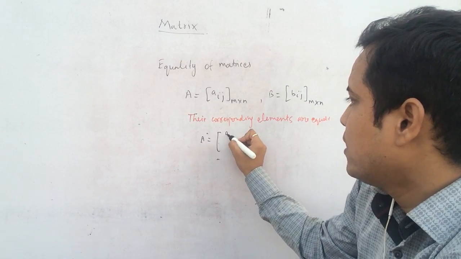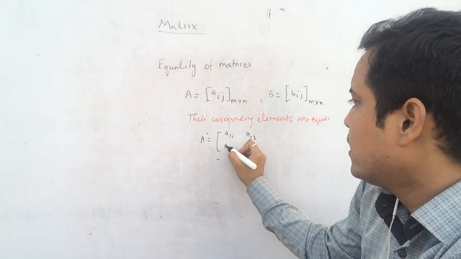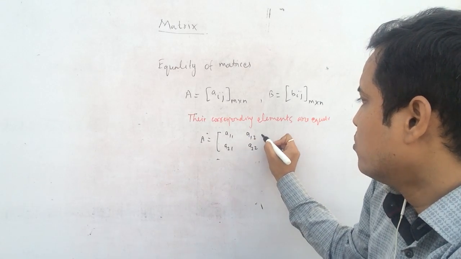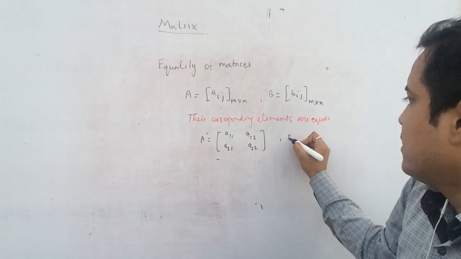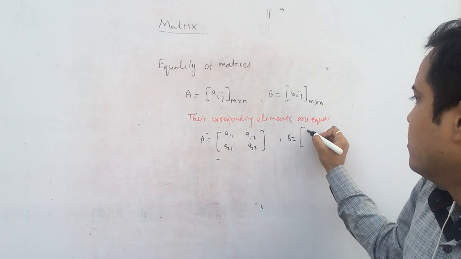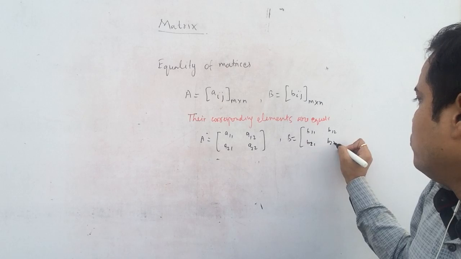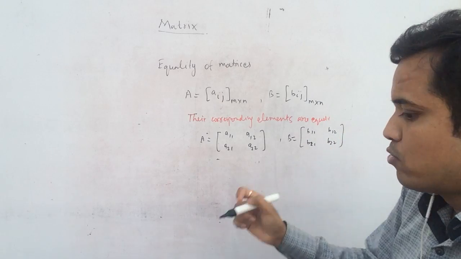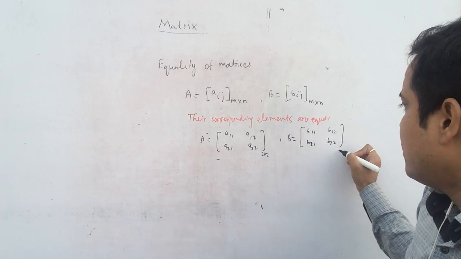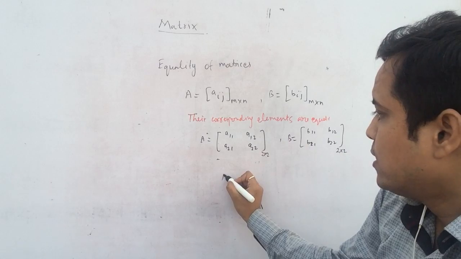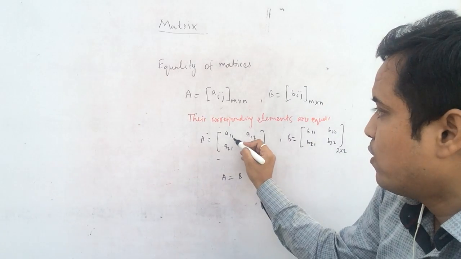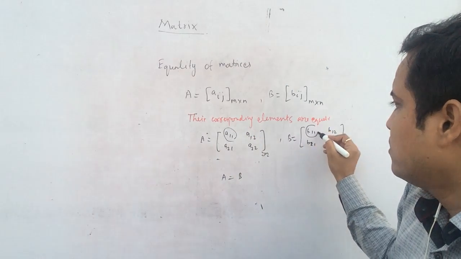For example, A equals A11, A12, A21, A22, a 2 cross 2 matrix, and B equals B11, B12, B21 and B22, also a 2 cross 2 matrix. Now if they are equal, then A11 would be equal to B11.